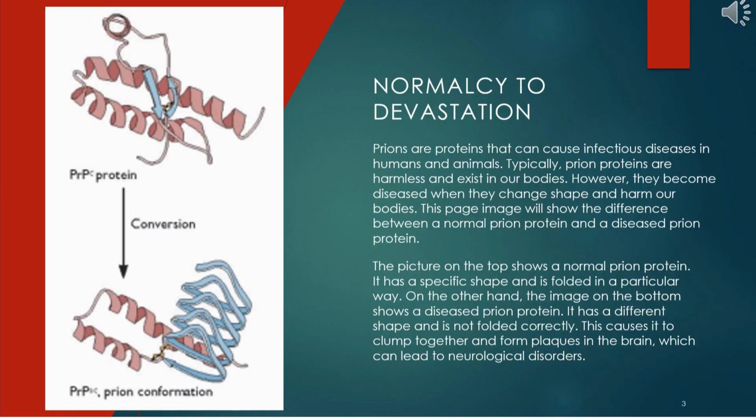So the prion protein undergoes synthesis in the endoplasmic reticulum of cells as a precursor protein, which undergoes post-translational modifications, including glycosylation and disulfide bond formation, to acquire its final conformation.